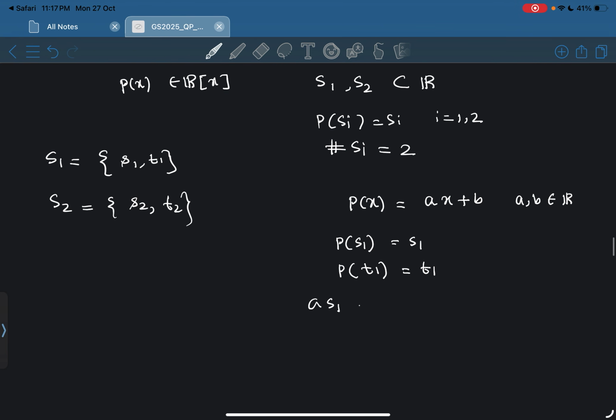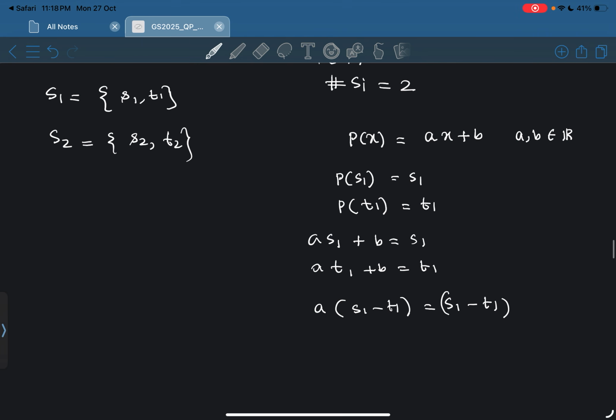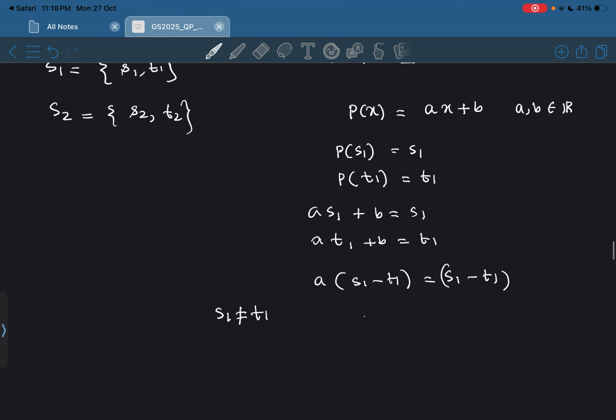Then it is the same as a s1 plus b equals s1 and a t1 plus b equals t1. Then a times (s1 minus t1) equals s1 minus t1. Simple computation. This problem is very simple, just a small computation. Now since s1 is not equal to t1, because they are distinct elements, a must be equal to 1.